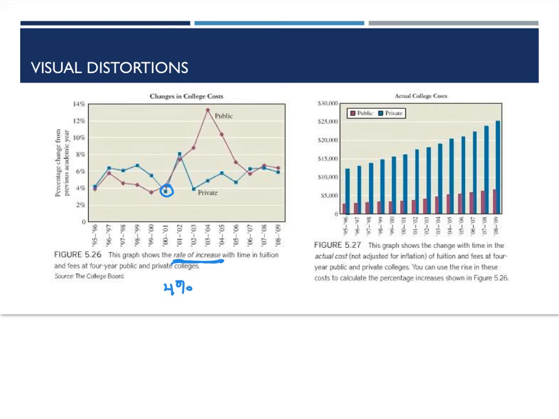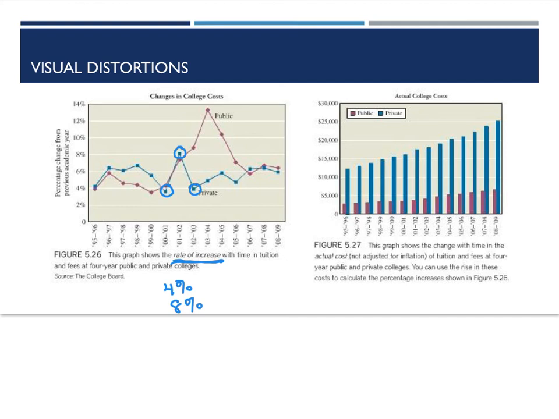If I look at 2001 to 2002, tuition rose by 8%. So that shows that the increase is not the fact that the tuition went up, but that it went up by more than it did last year. Now what happens when we get to 2002 to 2003?